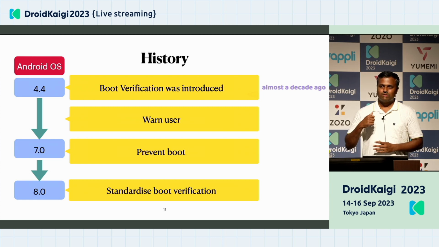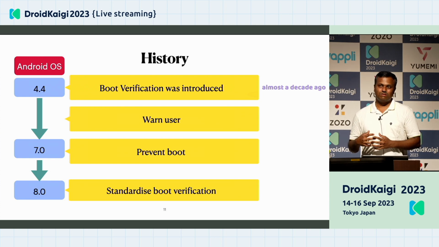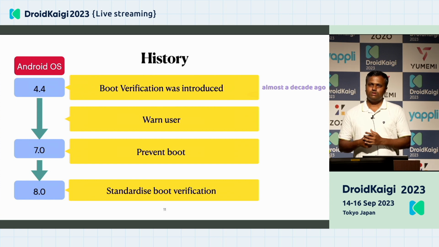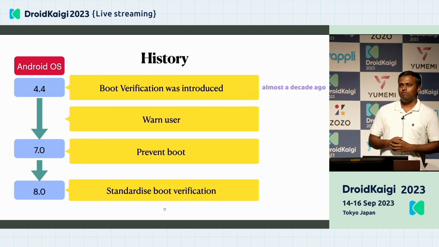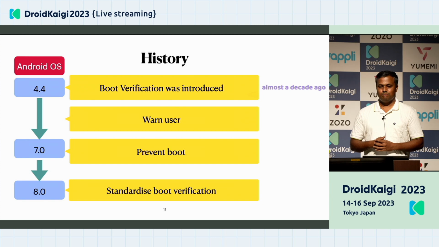Boot verification was happening for the users, but it wasn't that strict. I mean, if it detected some kind of tampering, it still allowed the boot. It was not preventing the boot. It was just showing a warning to the users. But from Android 7.0, things became a bit stricter, where boot prevention started happening.